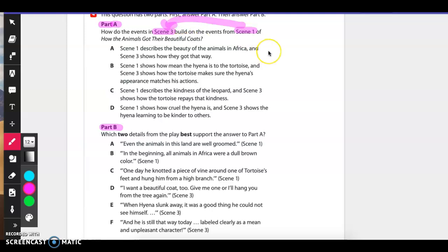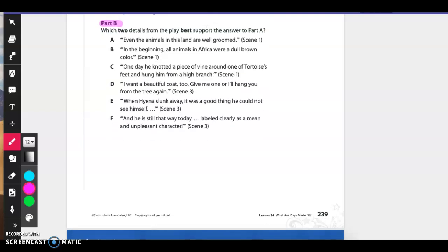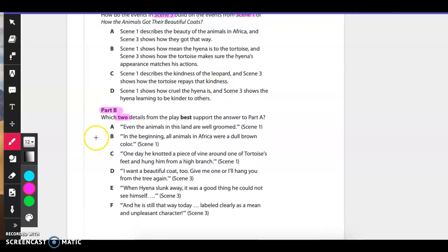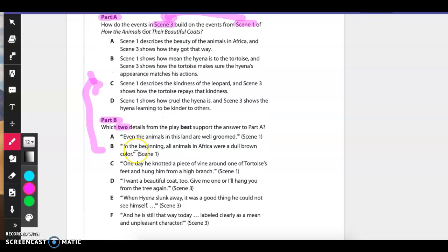So you need to think very carefully about that before you choose your answer. They should be connected. Part B. Which 2 details from the play best support your answer that you chose from part A? So whatever you choose in part B should be connected to your answer in part A. And you remember, you need to choose 2 answers.